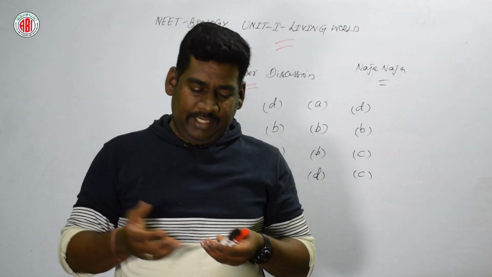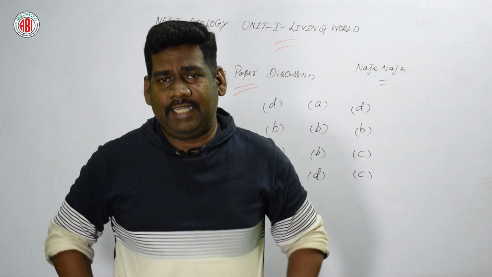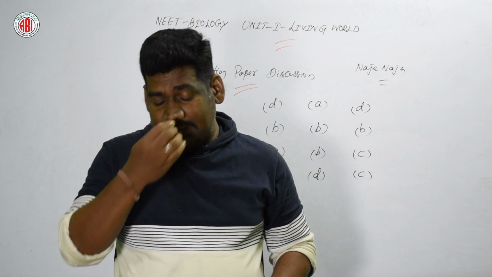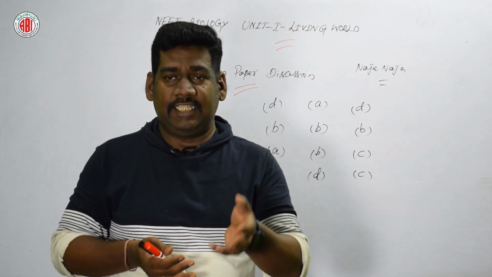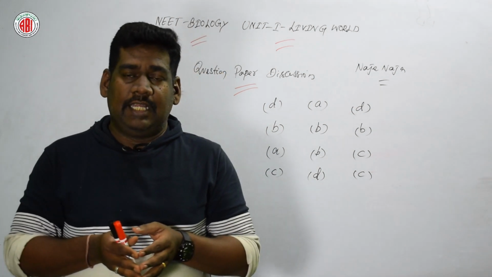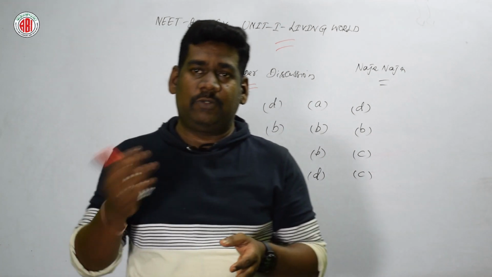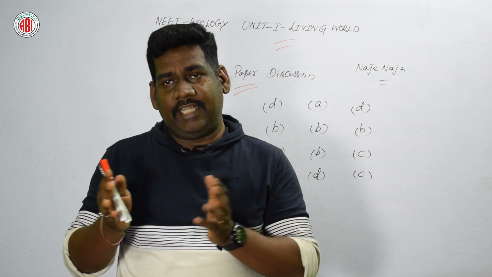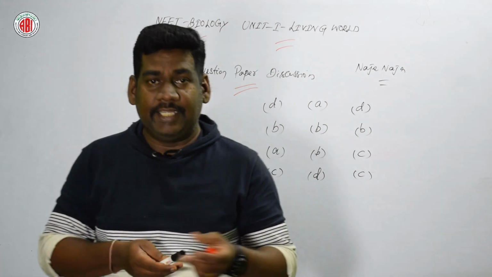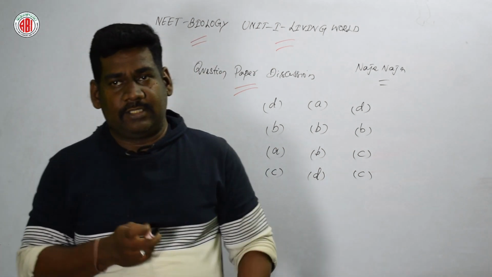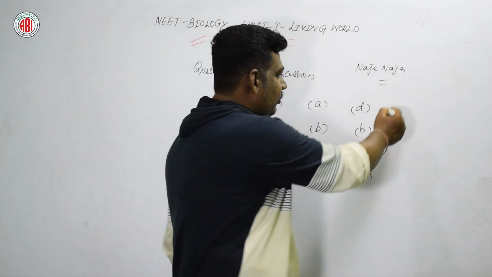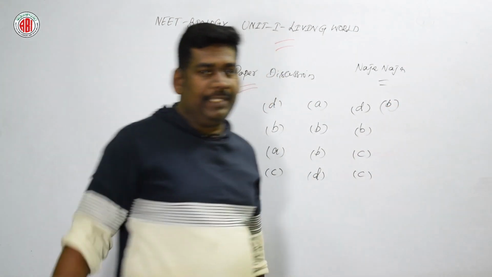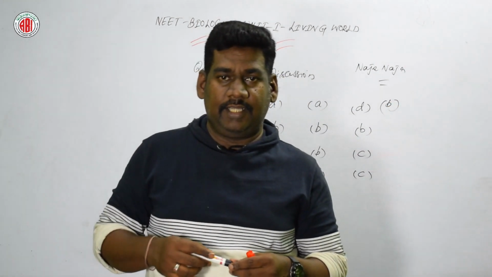When naming an organism, if both the genus and species names are identically similar or repeated, then such naming is called a tautonym. So option B is the right answer for this question. Option B. Now let us go for the next question.